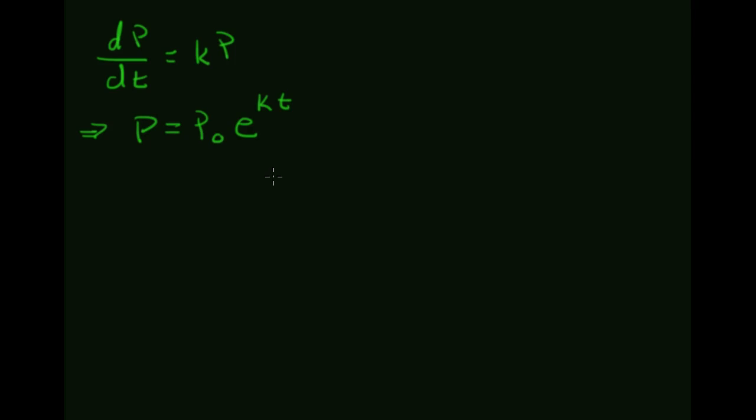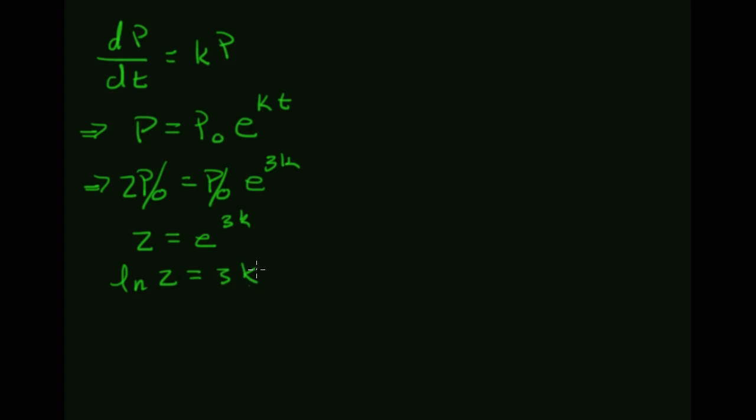We're told that the bacteria doubles in 3 hours. So we're going to have 2 times the initial population when t is equal to 3. Those cancel, giving me that 2 is equal to e to the 3k. The natural log of 2 is equal to 3k. K is equal to the natural log of 2 over 3.